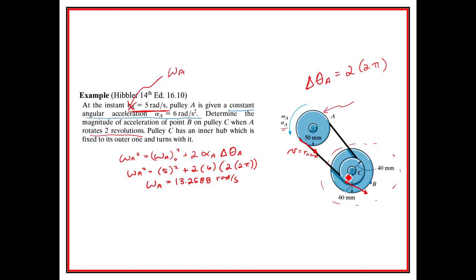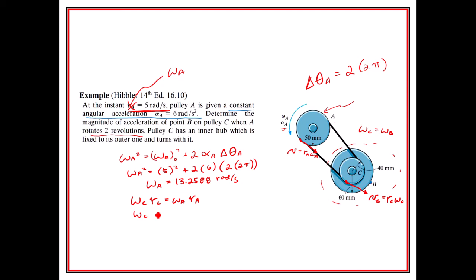I'm picking the points that are just tangent to that pulley cable, so that's going to be V, and we'll call it C. It's a point that's on C, and it's going to be R_C omega_C. By the way, we also know by looking at this that omega_C is going to be equal to omega_B. So we could set those velocities equal to each other, and we're able to say omega_C R_C is equal to omega_A R_A.